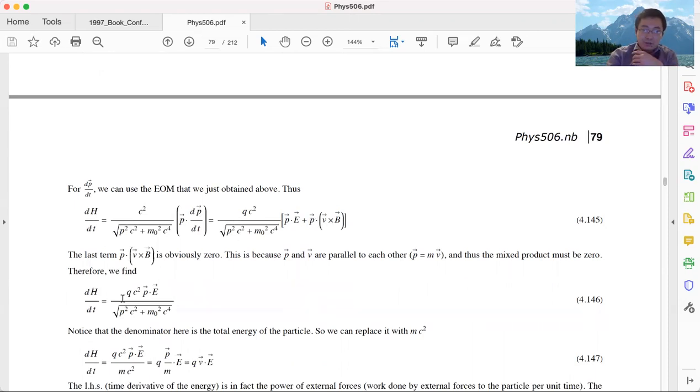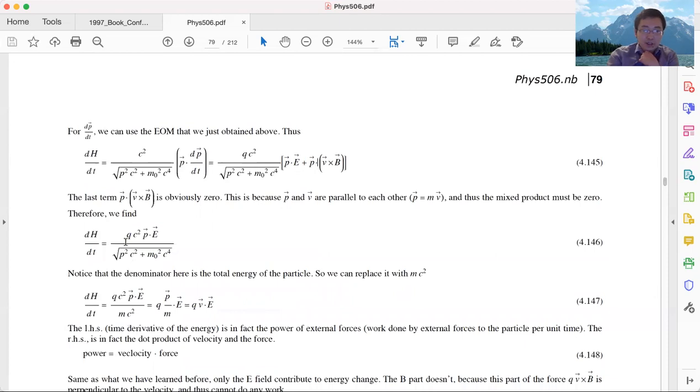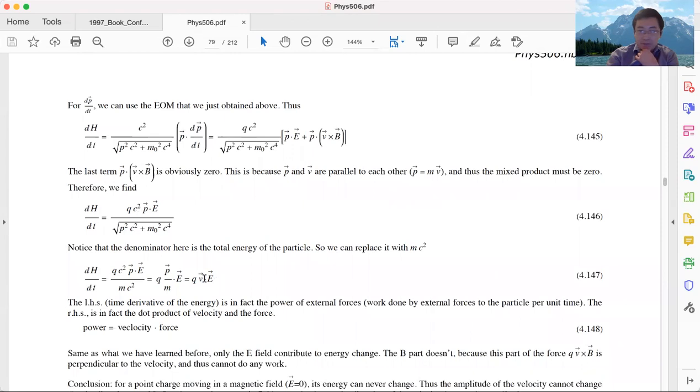If this term is 0, the dE/dt contains only one term, that's the P dot E term, which is this guy. And we can rewrite this formula a little bit. If we simplify, we find that this coefficient can be simplified dramatically, and at the end of the day it is just qv dot E. What's qv dot E? v is velocity, qE is the electric force.